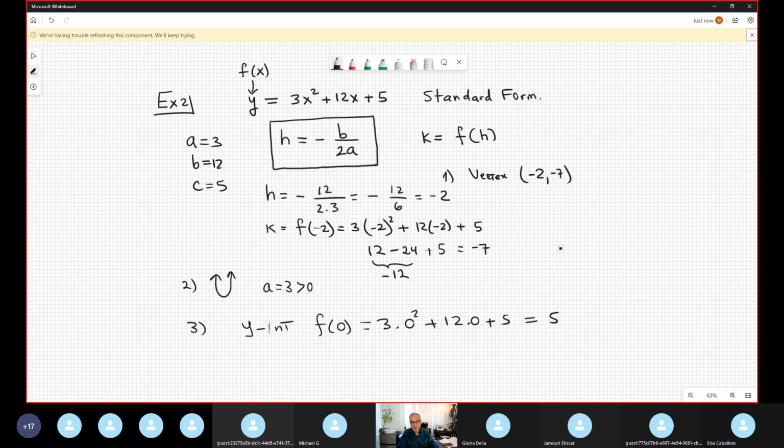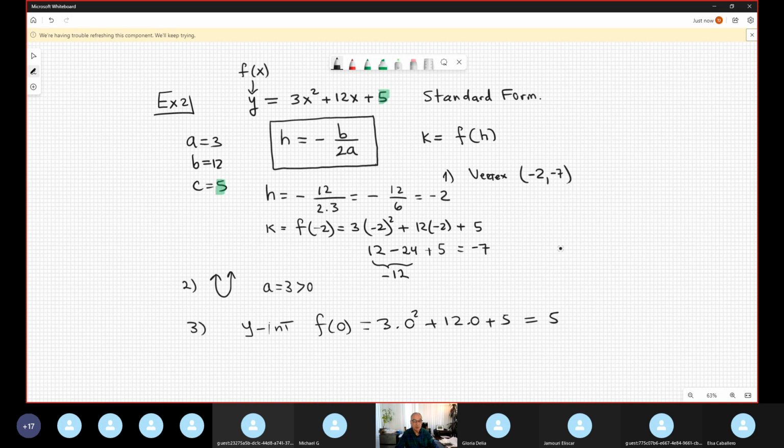So in general, guys, this is the advantage and disadvantage of the standard and vertex form. The vertex form makes it easy to see the vertex. It's clear. However, in the standard form, it's super elementary to see the y-intercept because it's always c.